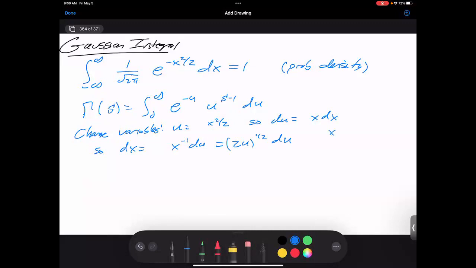As x goes from minus infinity to infinity, what does u go from? So u is x squared over 2. If x goes from minus infinity to infinity, what does u go from? Infinity to infinity.